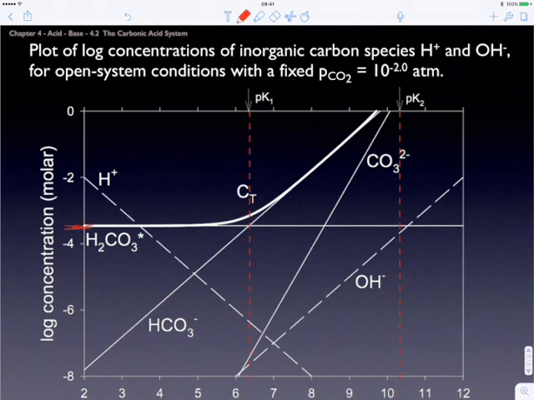You're increasing the entire DIC just by increasing the PCO2. The amount of carbonic acid in equilibrium with the atmosphere increases, and the entire amount of carbonate and bicarbonate increases too. But the values of the pKa1 and pKa2 won't change. They are the same value.